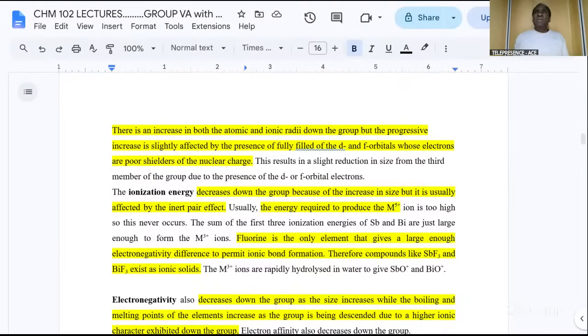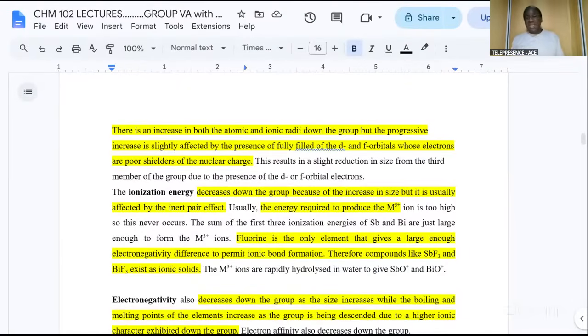But if you don't have a large size, you cannot have a large electropositivity and a low electronegativity. This is the reason why it is only the species that has the highest electronegativity that will exhibit a large electronegativity difference between the group five elements and itself.